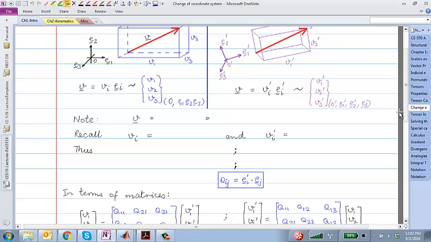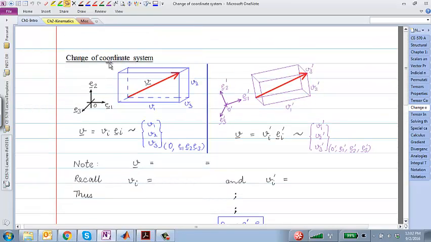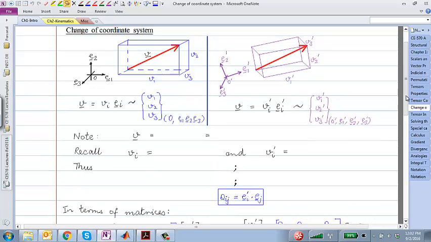So the easiest way I find to do a change of coordinates is to use the definition of the vector or tensor itself. Let's see how we do that. We said that vector v in this coordinate system can be written as v_i e_i, with an underline on e_i.